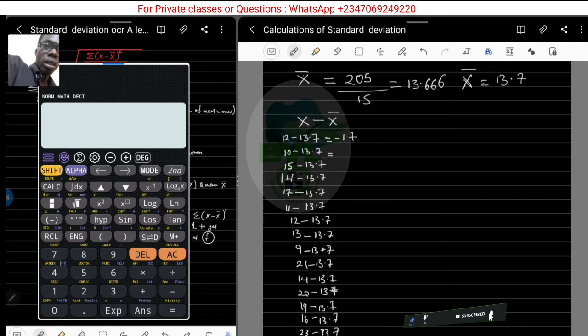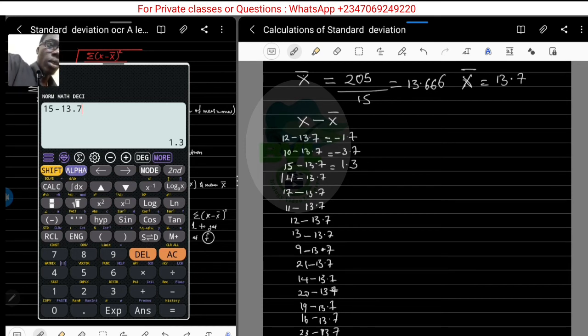The next one is 10 minus 13.7. That should give you minus 3.7. Then the next one is 15 minus 13.7, that's going to give you 1.3.